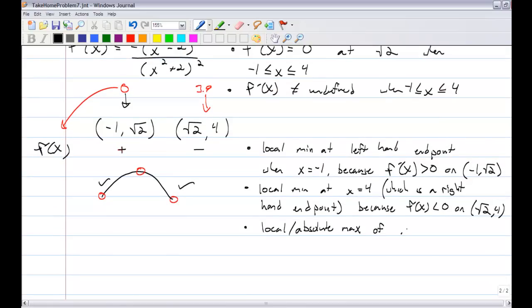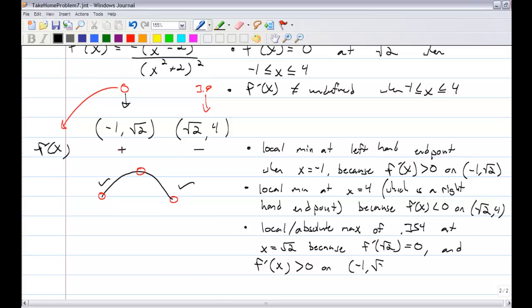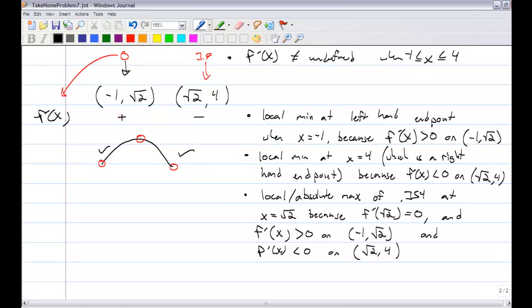Local max of 0.354 at x equals root 2, because f prime of root 2 equals 0, and f prime of x is greater than 0 on -1 to root 2, and f prime of x is less than 0 on root 2 to 4. Perfect.